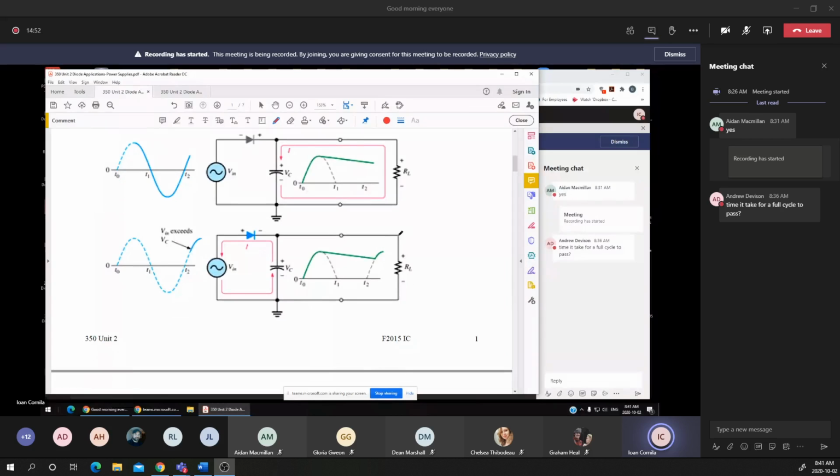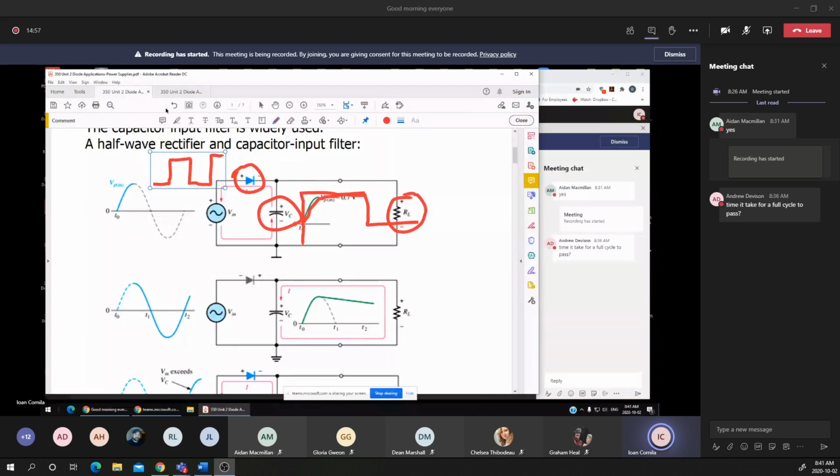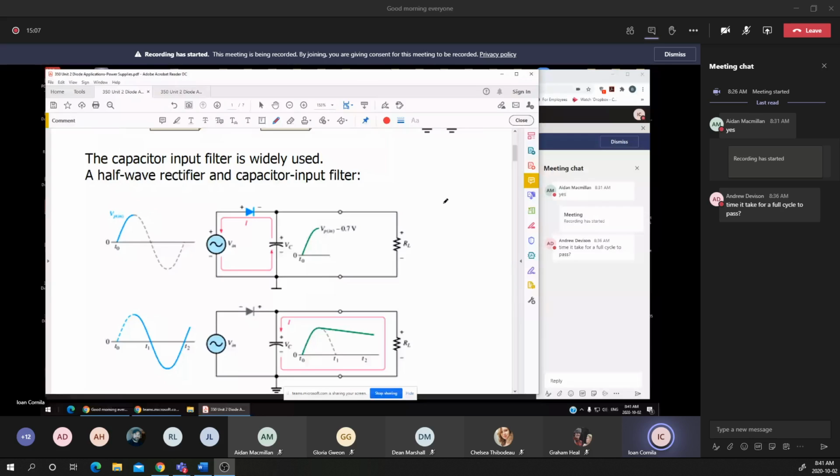This is what we are looking into: having a filter. What is a filter? A filter is a block, or actually a capacitor, that will smooth out the output voltage.